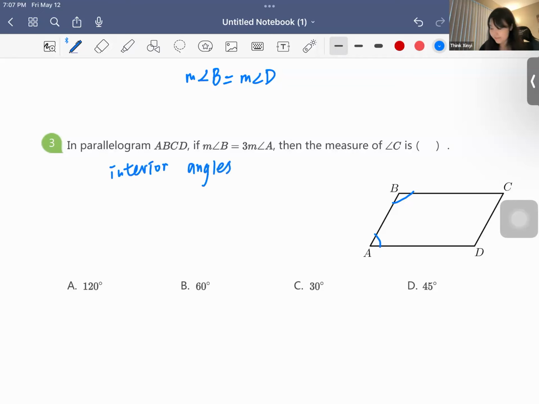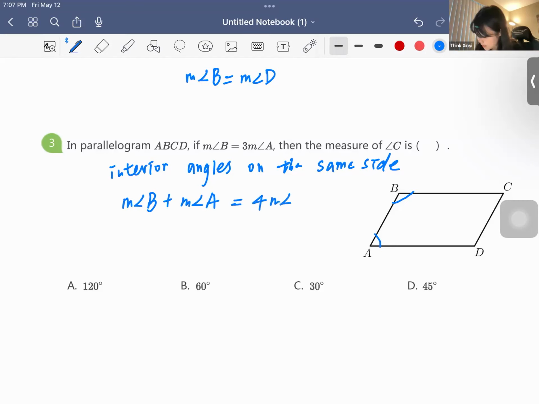It's 3 over 1, and actually A and B are interior angles on the same side, right? For the interior angles on the same side, the sum of these 2 angles should be 180 degrees. And we also know the ratio between the angle B and A. So angle B plus angle A equals 4 angle A, which equals 180 degrees.